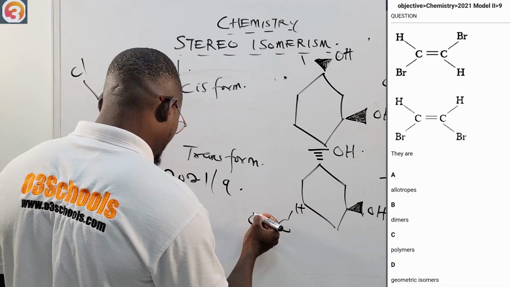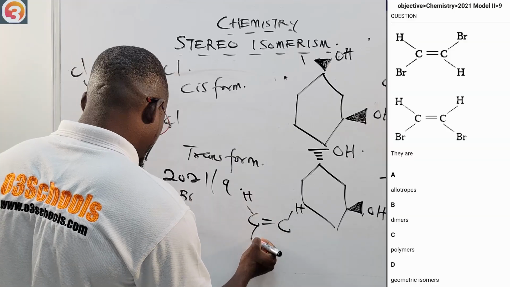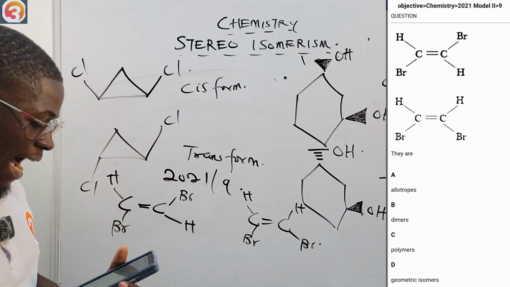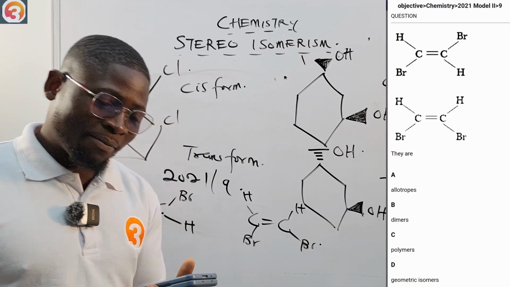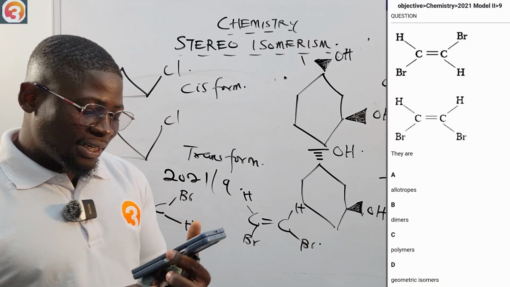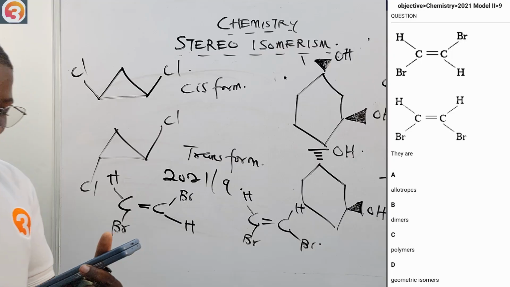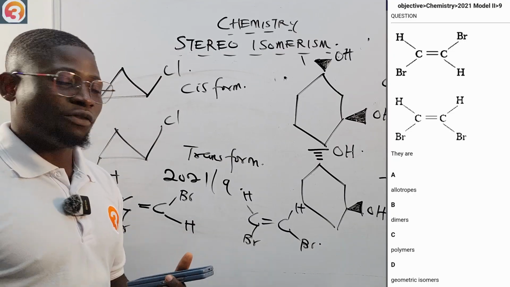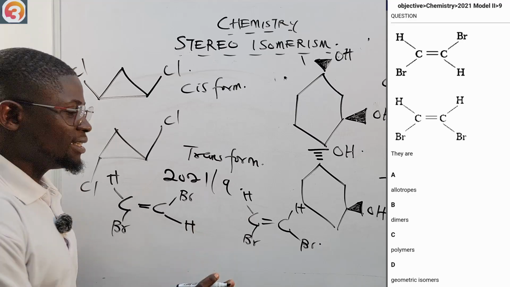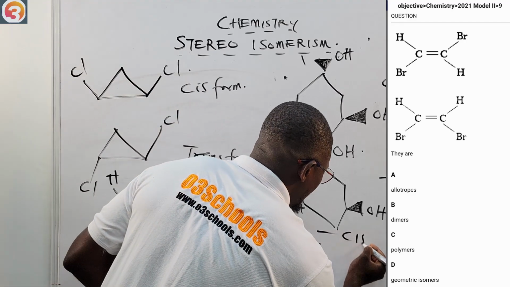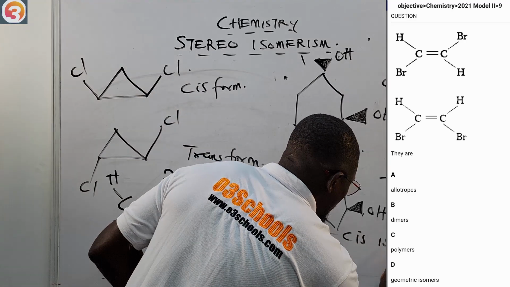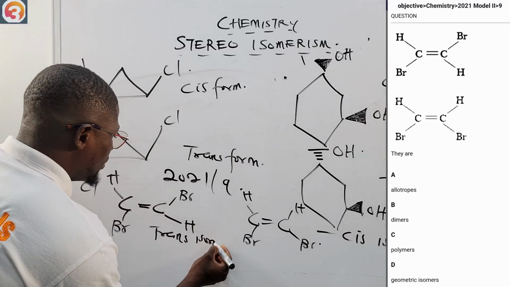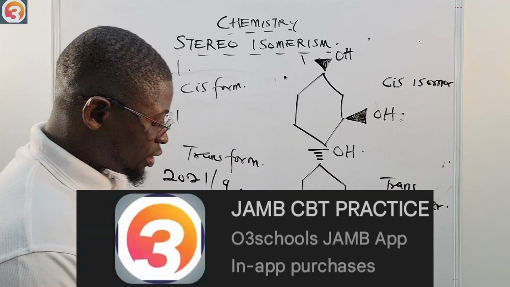Here we have hydrogen, hydrogen, bromine, bromine. They say they are: A, allotropes. B, dimers. C, polymers. D, geometric isomers. What are they? These are geometric isomers, and of course they are the cis and the trans form. Which one is the cis form? This is the cis isomer, and this one here is the trans isomer.